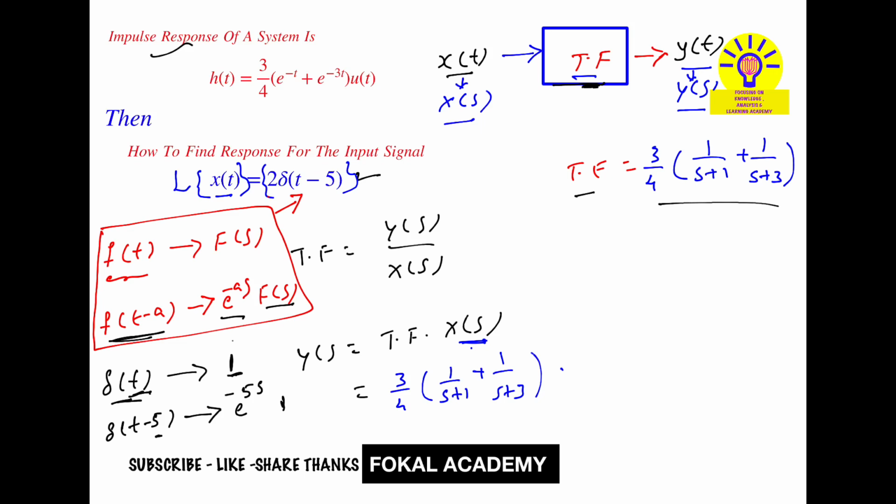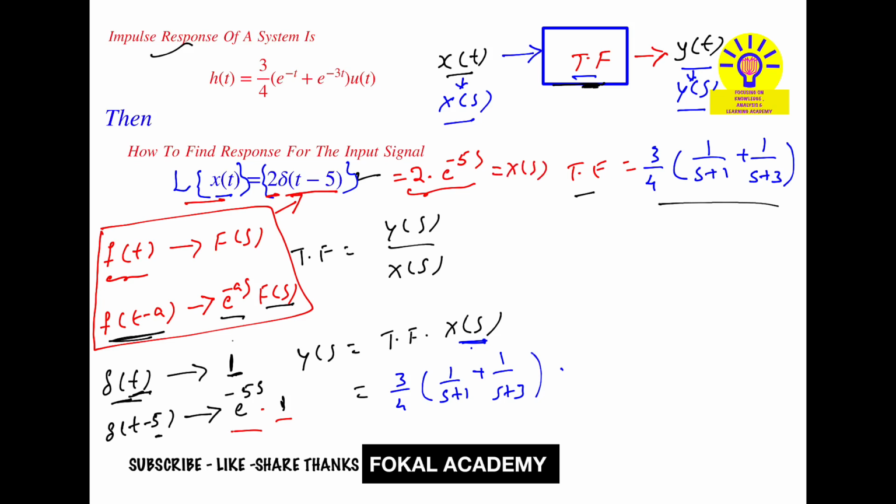Here 2 is a constant, keep it outside. So 2 into delta of t minus 5 has Laplace transform e power minus 5s into 1. This is the Laplace transform for x of t, that is X of s.